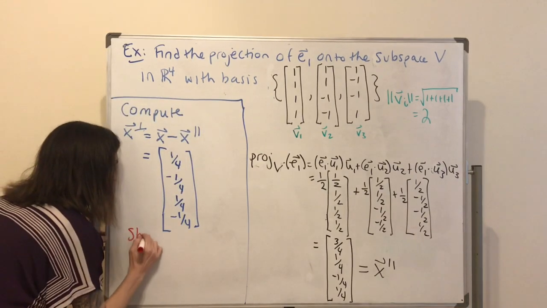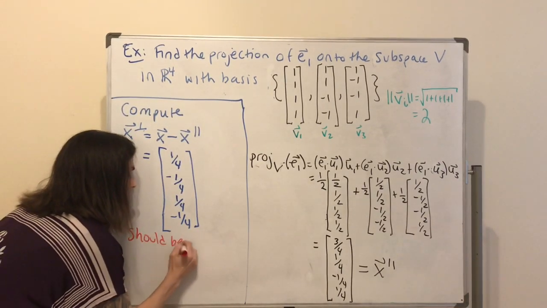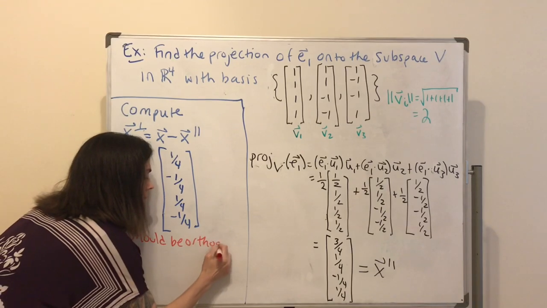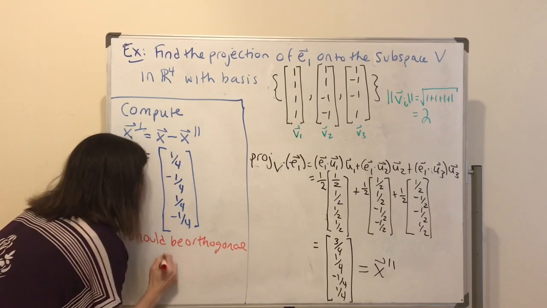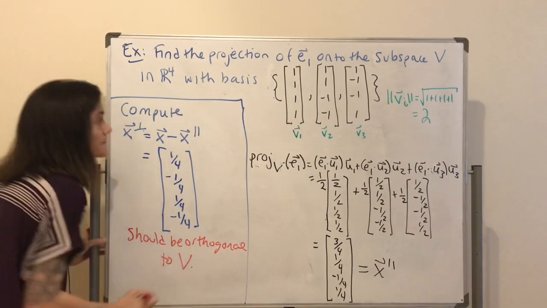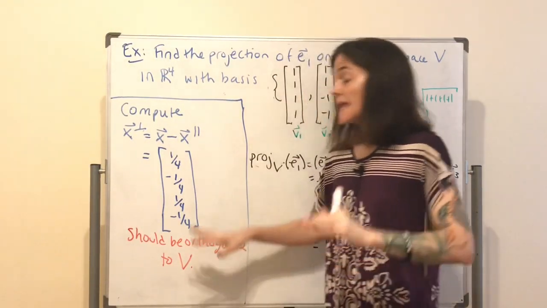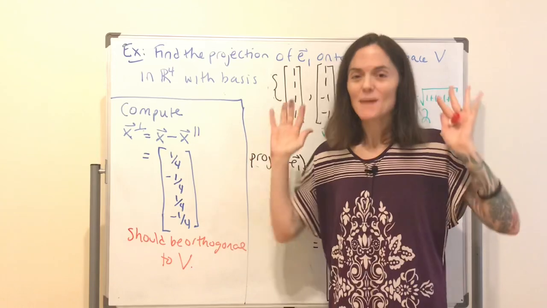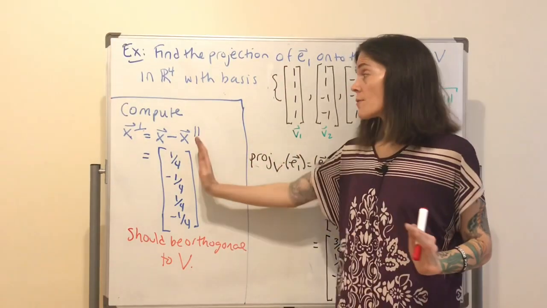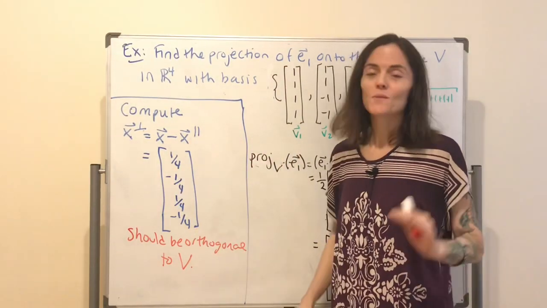Okay. Now, this is an important observation. This should be orthogonal to V, the whole subspace, which means we take any vector in the subspace V and we dot product with this one and we get 0.